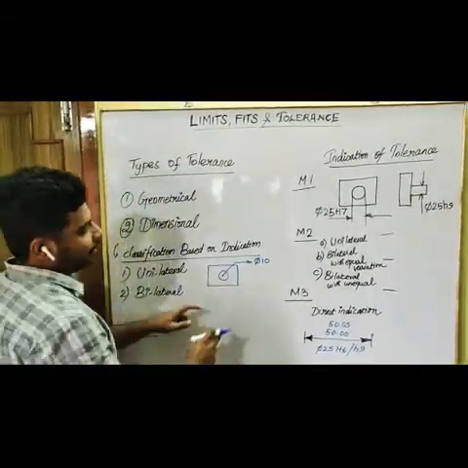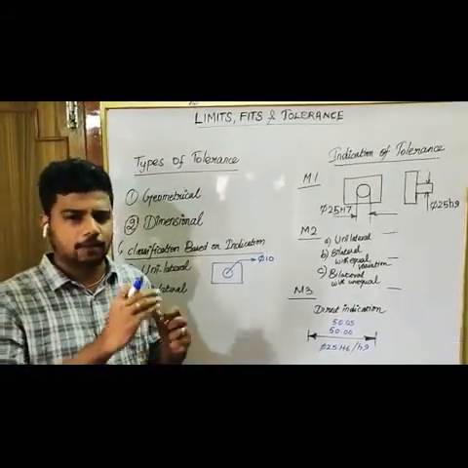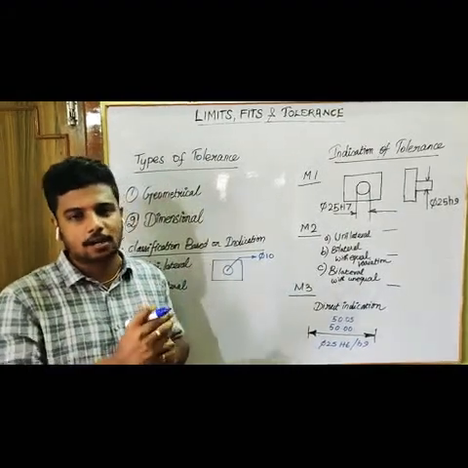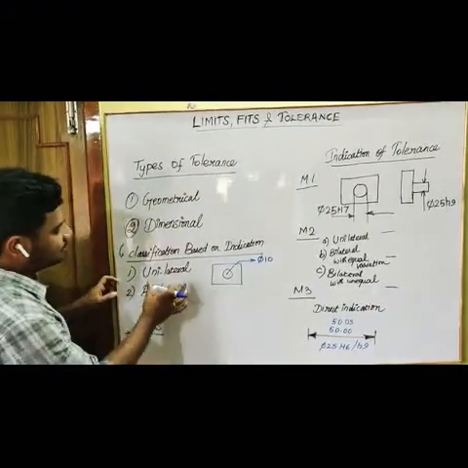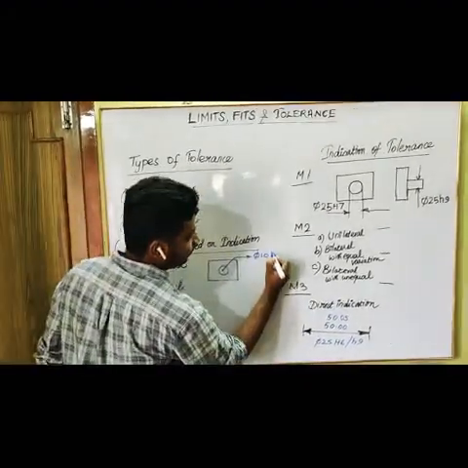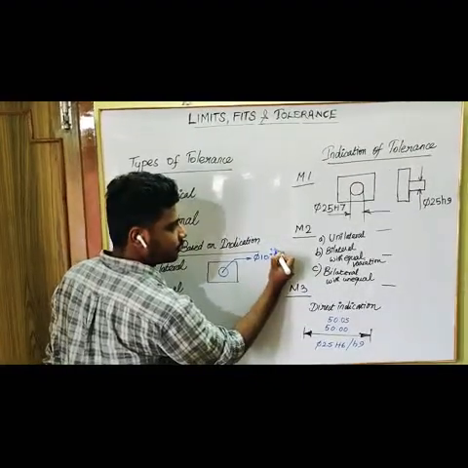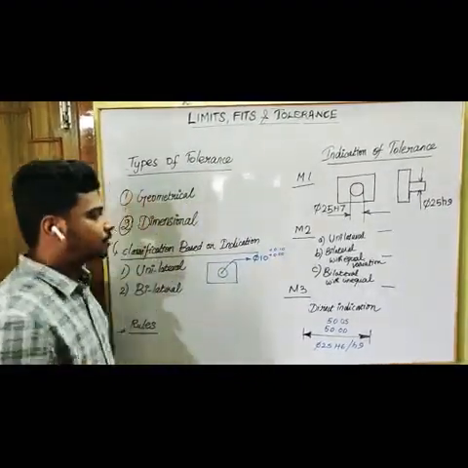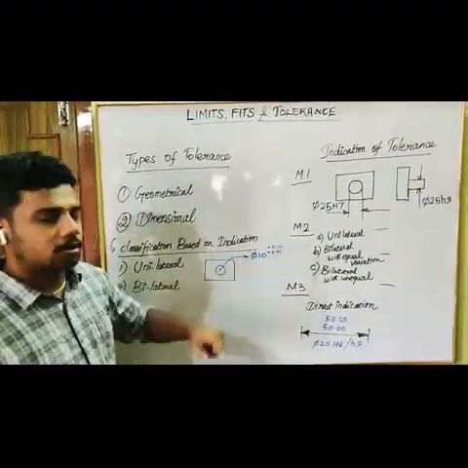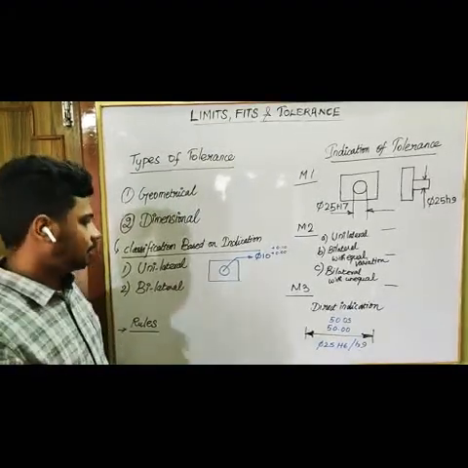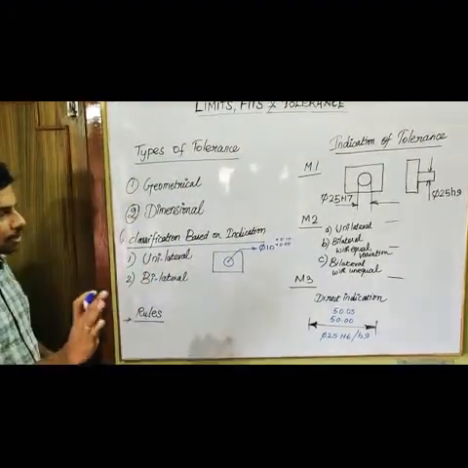Now if I give the tolerance value in only one direction, maybe in positive direction or in negative direction, either any one of these directions is given, that is called unilateral. For example, 10, the lower deviation is 0.00, the upper deviation is 0.10. I have given the tolerance only on the positive region. That is called unilateral. Either you can give it on negative also, that is called unilateral. Only one direction is called unilateral.